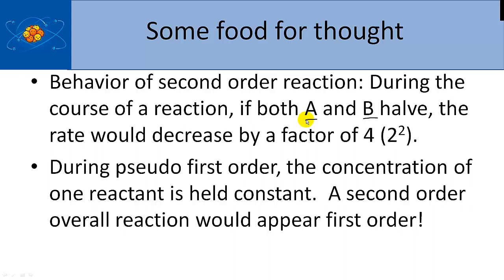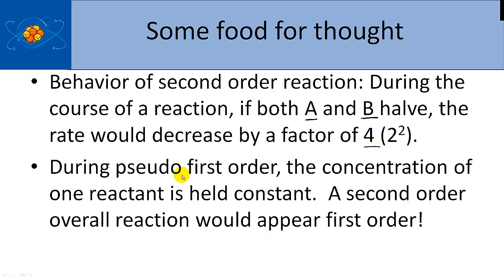If the stoichiometry is 1 to 1, when A dropped by half, B would drop by half, and as a result, because both of them are first order, the reaction rate would drop by a factor of 4. This is the idea that it's second order overall, first order in A, first order in B.